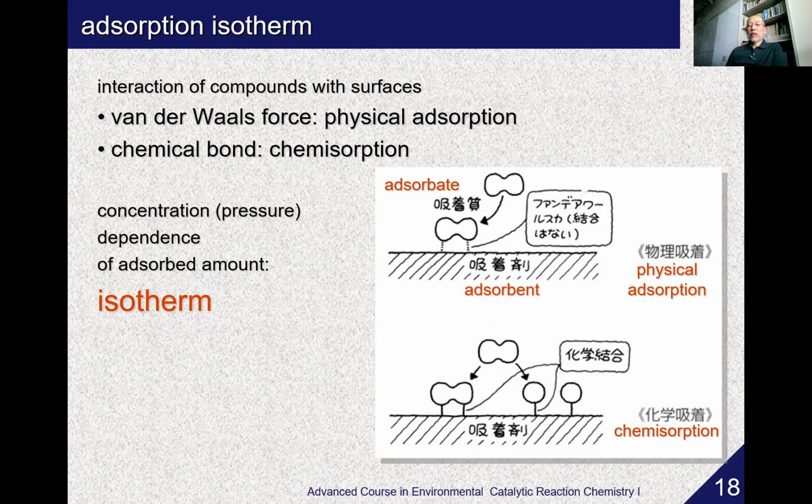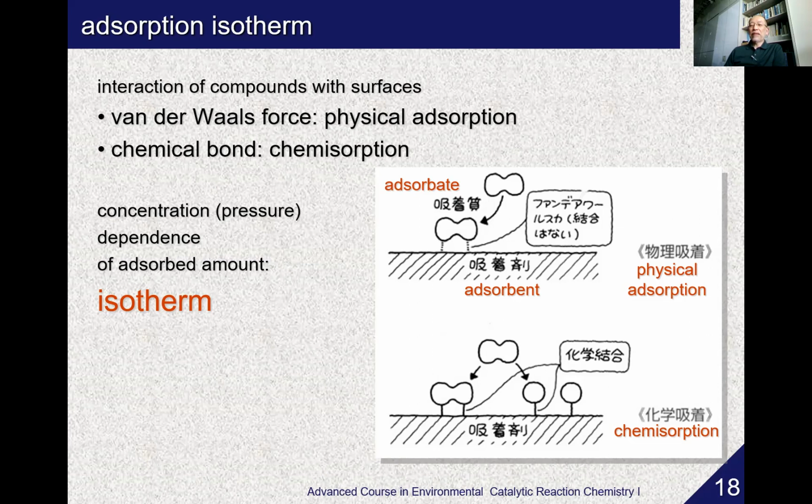And probably you can imagine that if the concentration of adsorbate is high, the amount of adsorbed adsorbate must be high. And if the adsorbent has high ability to adsorb something, the amount of adsorbate adsorbed on the surface is high.